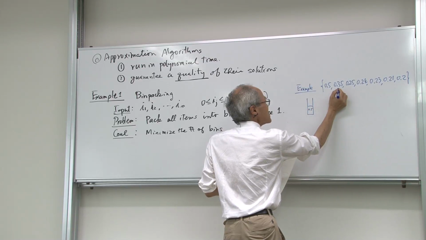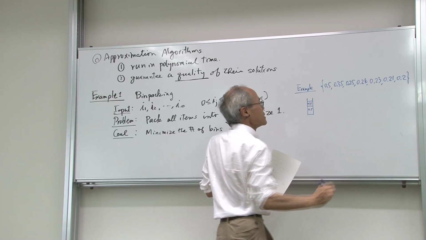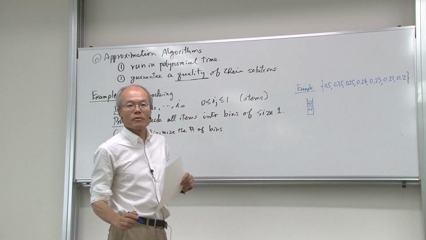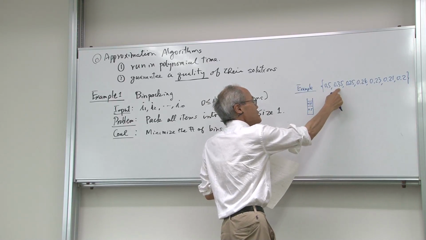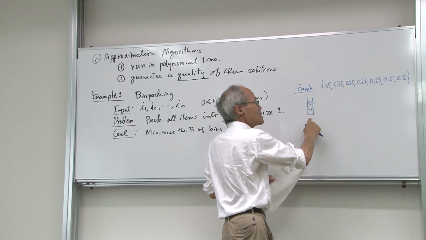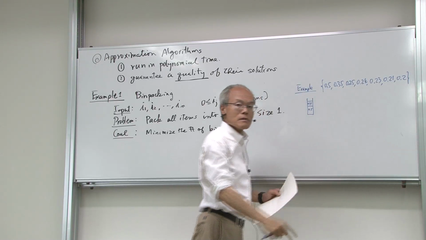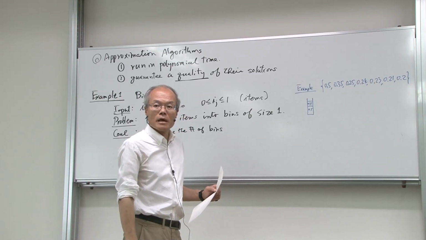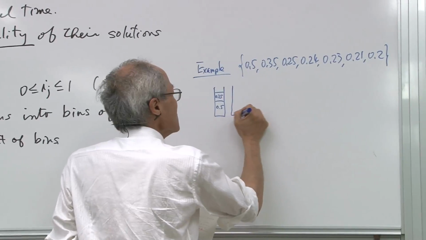And the next one is 0.35. Suppose that we put this item and this item into the same bin, then there's not enough space for a third item, right? Then we need a new bin.